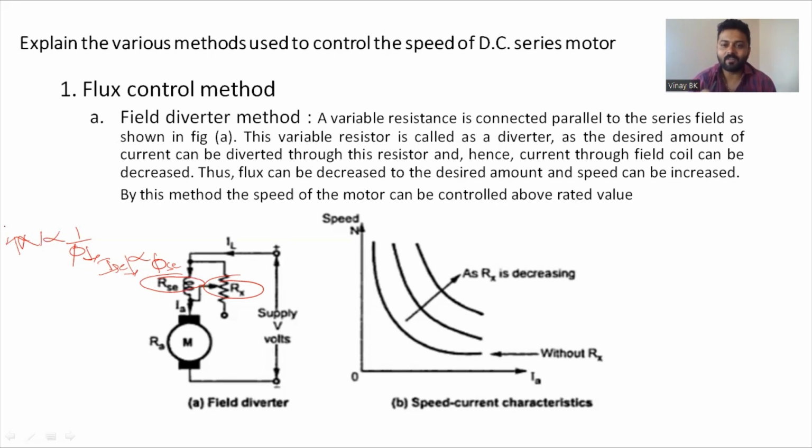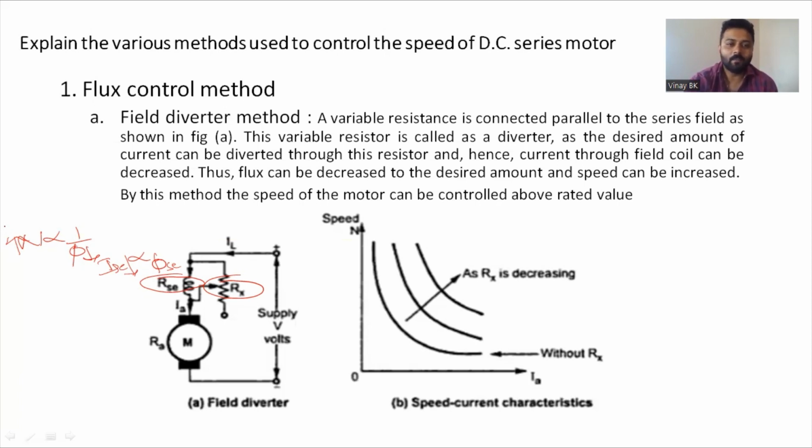And second point, because of that diverter, the amount of current that flows to the RSC is going to decrease. So flux is going to decrease, speed of DC series motor is going to increase, so by decreasing the value of flux produced in a field winding, we can control the speed of DC series motor beyond the rated value, or else above the rated value.